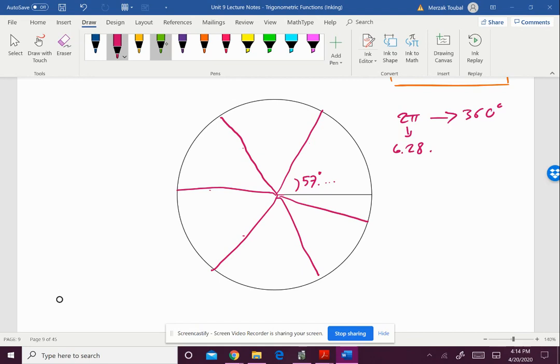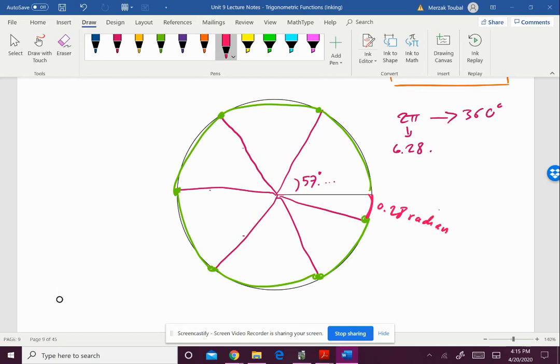So the counting would be 1 radian, 2 radians, 3 radians, 4 radians, 5 radians, 6 radians, and this small part is 0.28 radian.